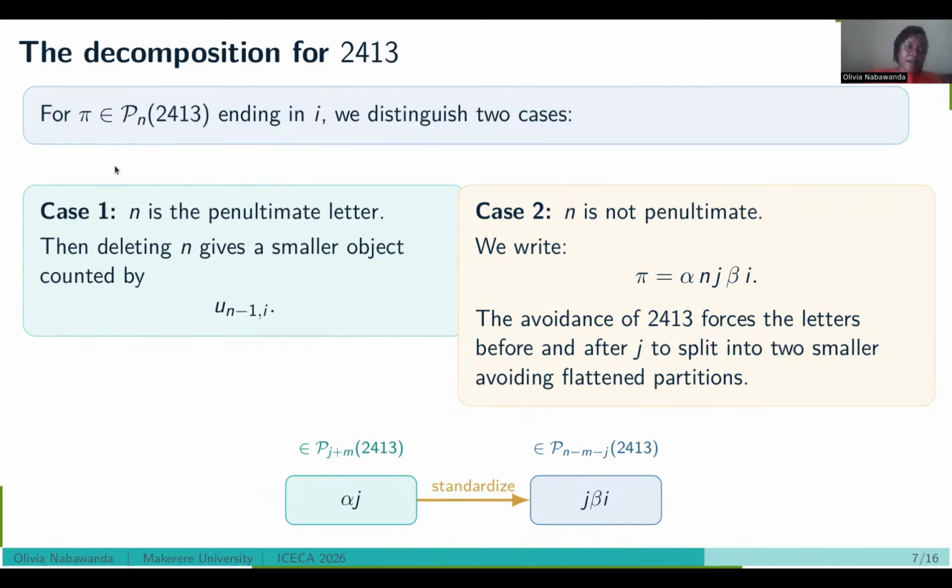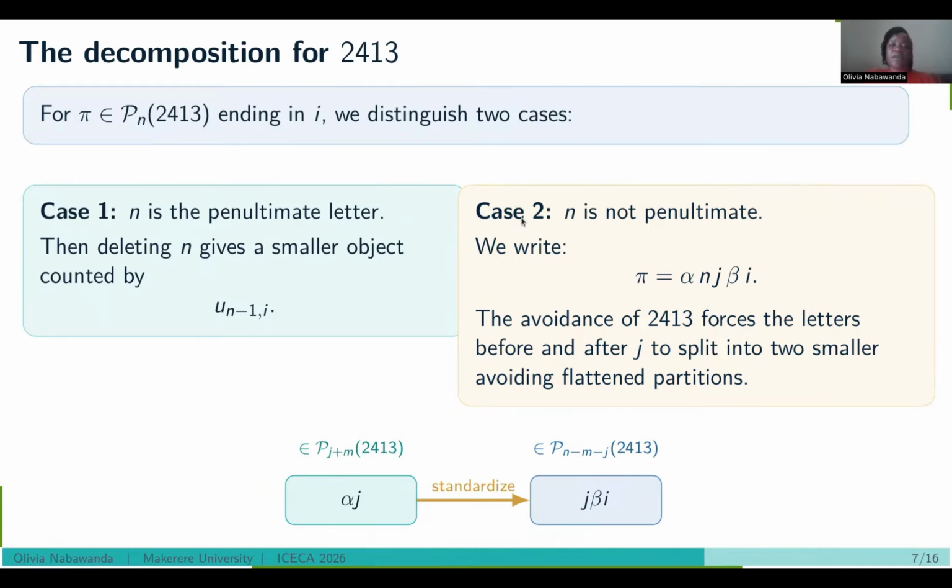For any pi which is 2413 avoiding, ending in i, we distinguish two cases. The first case is where n is the penultimate letter, meaning it's at the end, and therefore deleting this n and reordering the rest of the entries leads to a smaller object, which is counted by u_{n-1,i}.